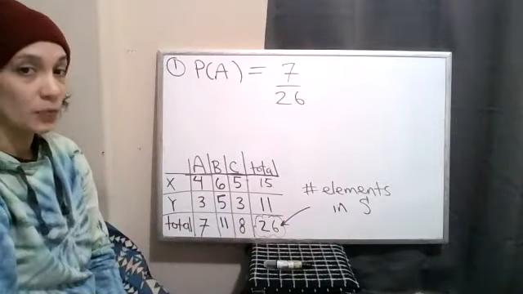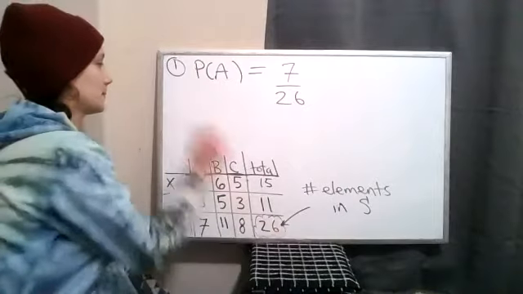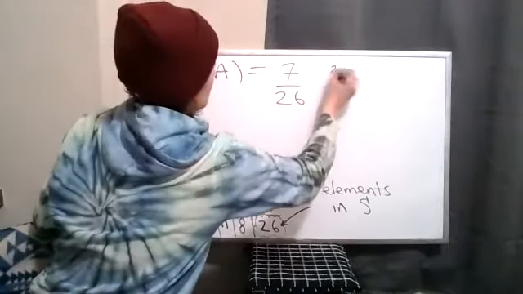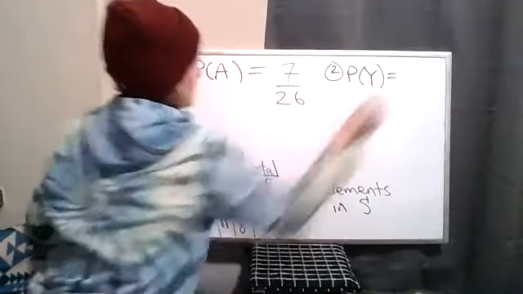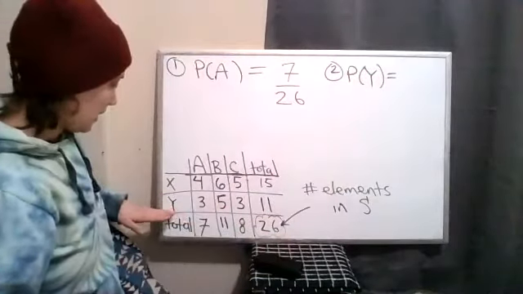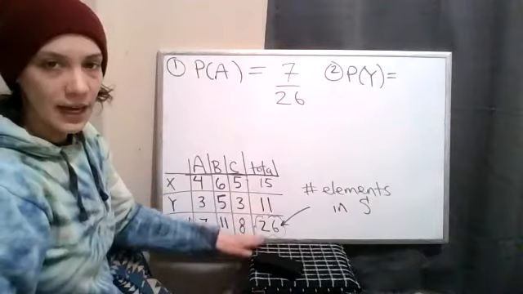Find the probability of Y. We have 11 out of 26.